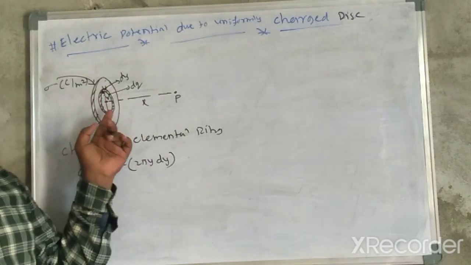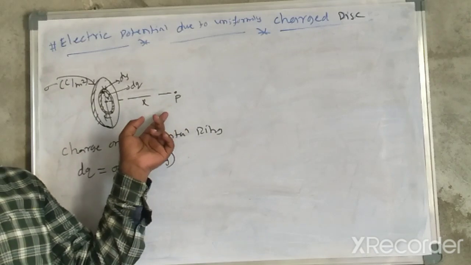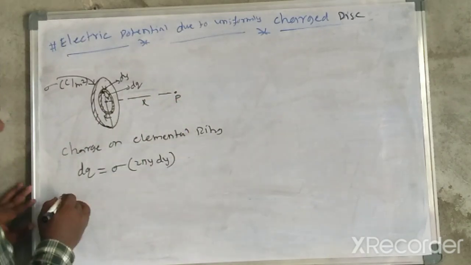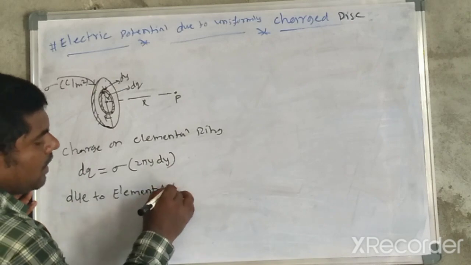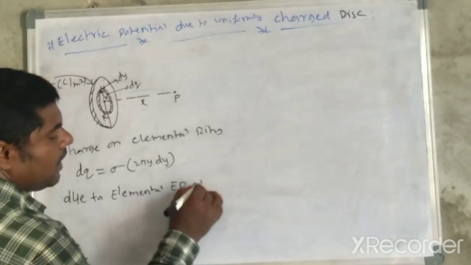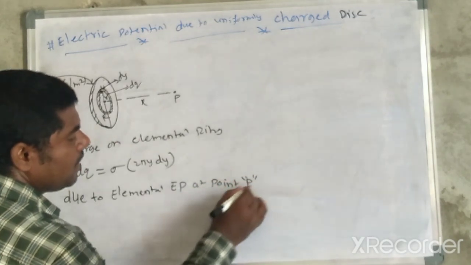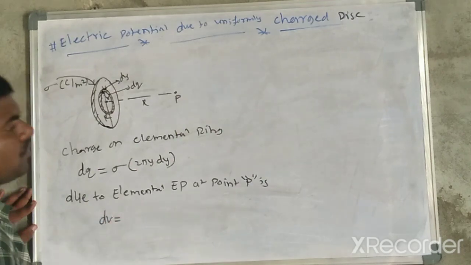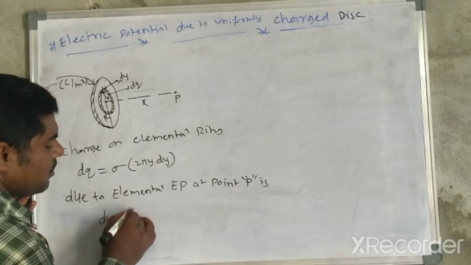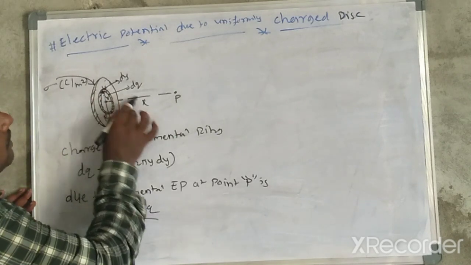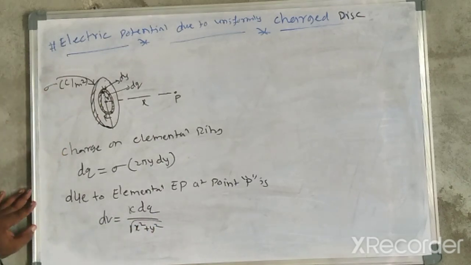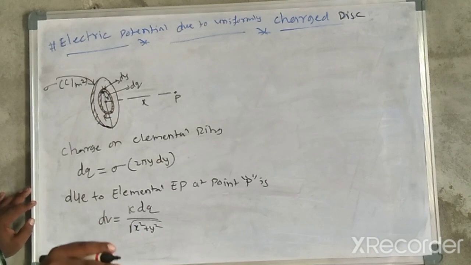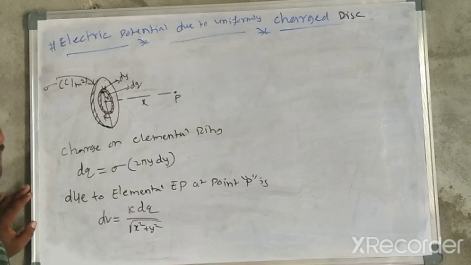The elemental electric potential at point P is dV is equal to k into dq by under root of x square plus y square, because this looks like a ring and we already know the electric potential due to a uniformly charged ring at an axial point.